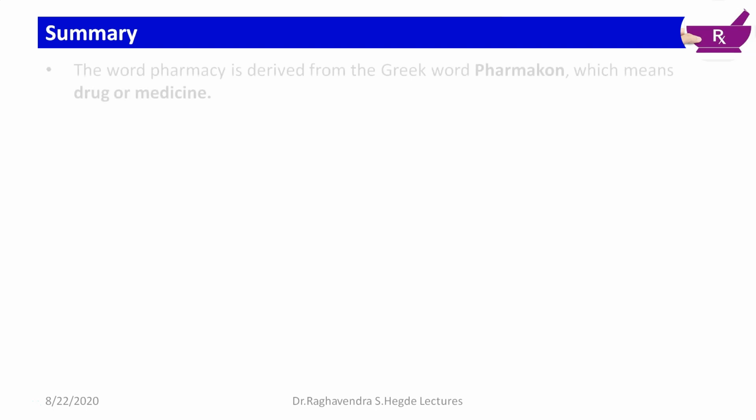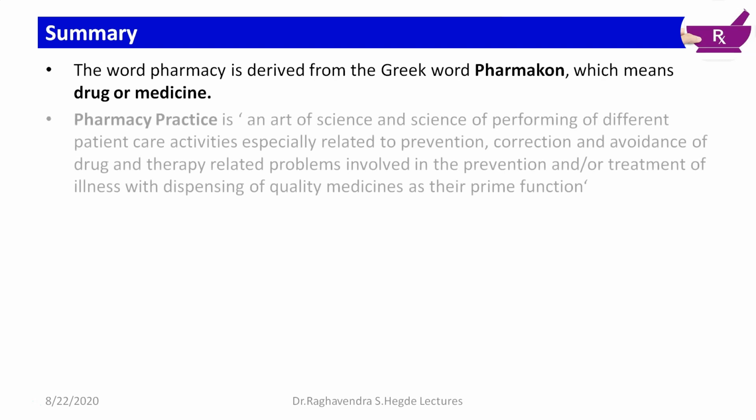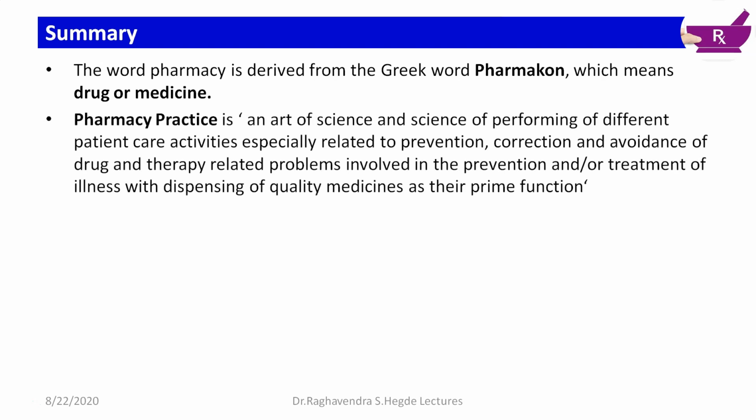Summary. What we have discussed so far: the word pharmacy is derived from the Greek word pharmakon, which means drug or medicine. Pharmacy practice is an art and science of performing all the activities related to patient care, which means the prevention, correction and avoidance of drug therapy related problems and the prevention or treatment of illness, and utmost care is taken while dispensing medications, dispensing quality medicines as their prime function.